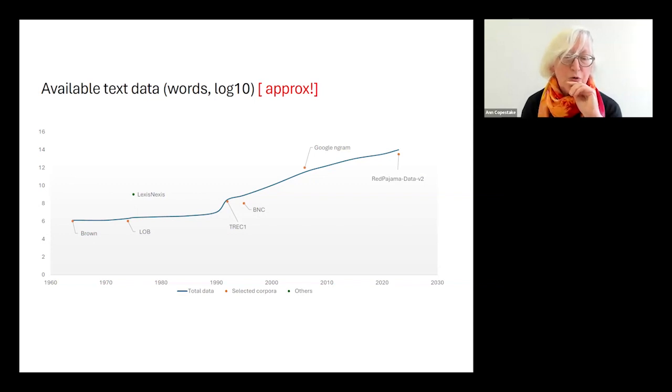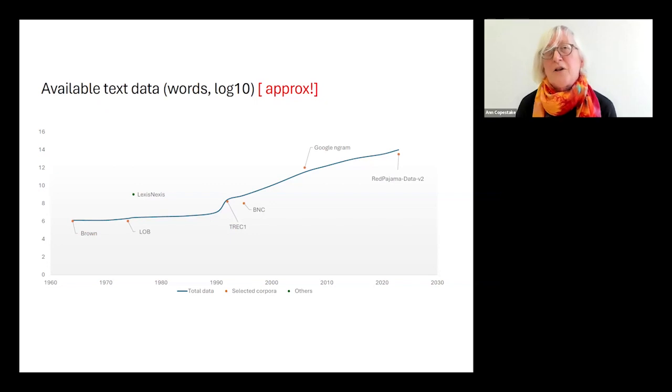It starts off with the Brown corpus, which is around 1965-ish. When the Brown corpus was introduced, it was 1 million words of American English, all dating from 1961.